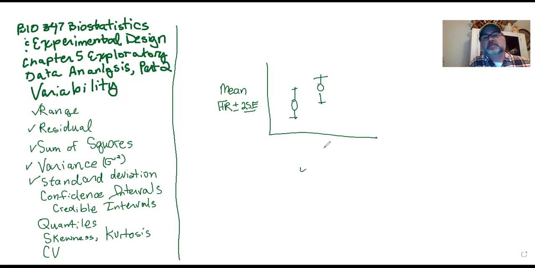So what that means is, here's your estimate of the mean, but because you took a sample, the actual mean is somewhere in here.